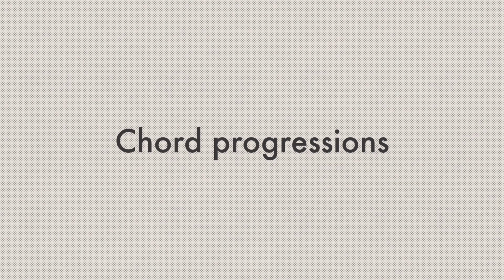Now, when we say the word chord progression, it is implied that there are often more chords than just 1 and 5, or the tonic and dominant. Now, that's not always true, but in more cases than not, chord progressions contain many more chords.